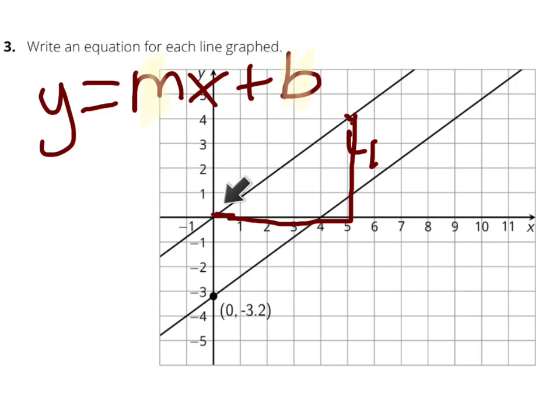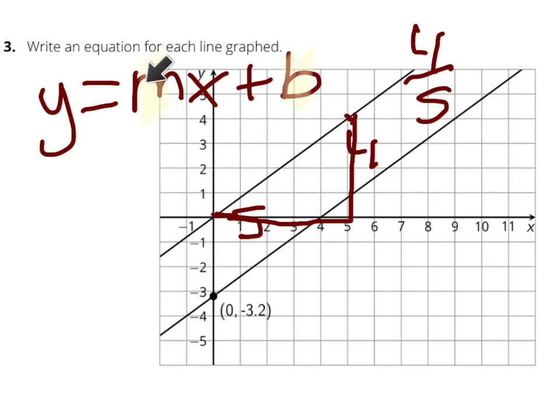So again, 1, 2, 3, 4, 5. And then it's rise divided by run. Remember that every division problem is actually a fraction. I don't need to do this on my calculator because I know that 4 divided by 5 really is just the fraction 4/5, and I'm going to leave it that way.